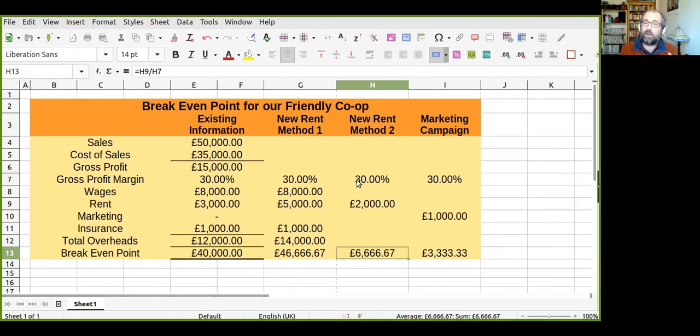That would cover the cost of those new overheads with no increase or decrease in profit. That means we would break even on those new spends.